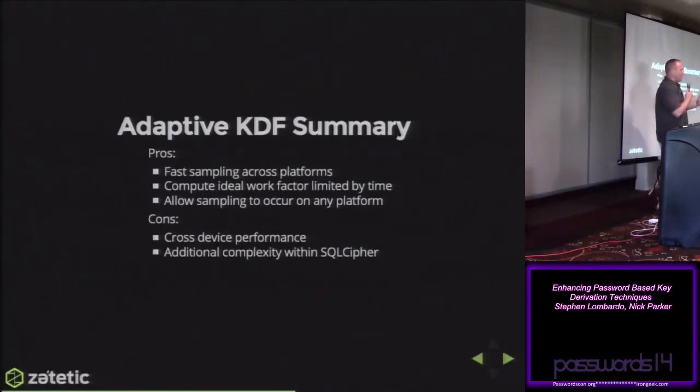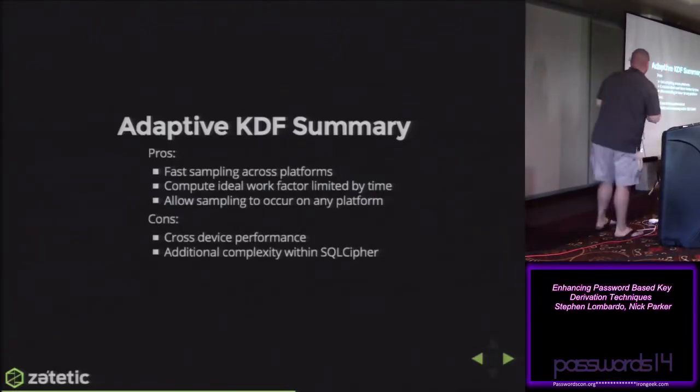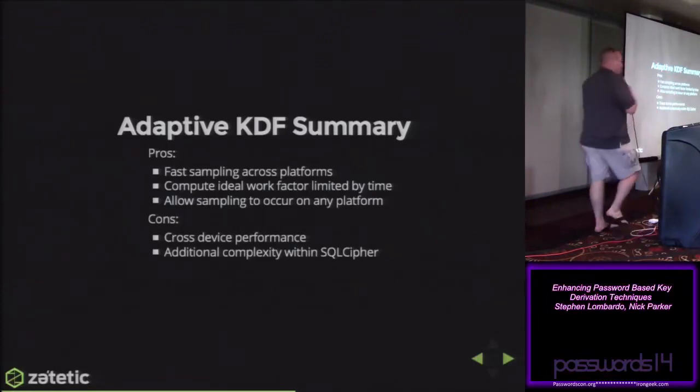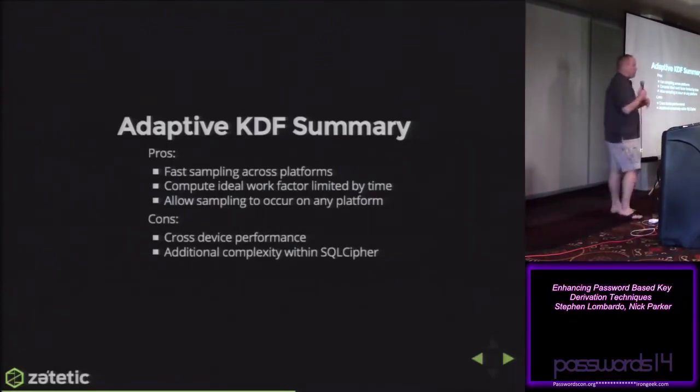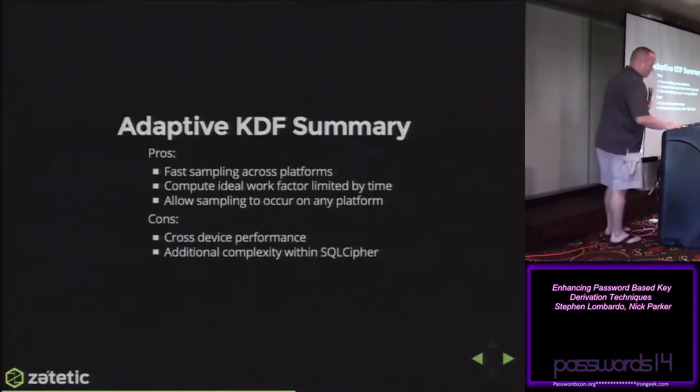And then if I try and interact with that database on a device that has poor hardware performance, the time at that point does not scale well. This also introduces additional complexity within the SQLCipher codebase. So that onus falls on us.